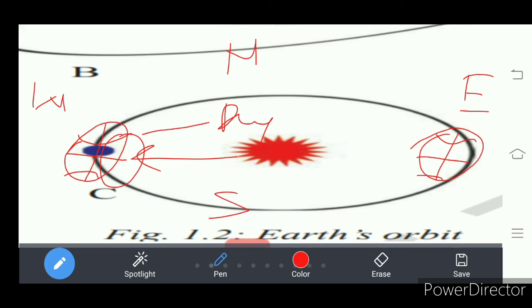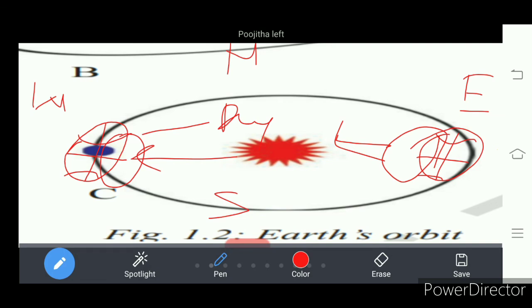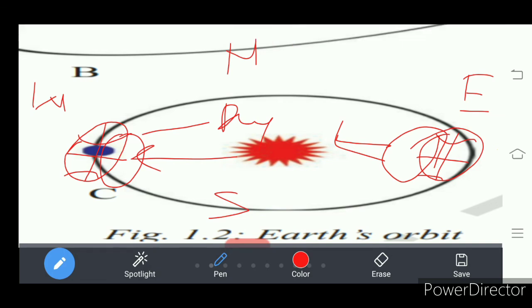What do you see? The western part of the earth is getting sunlight. That is the day. So the sun rays falling on the earth change at every moment, right?